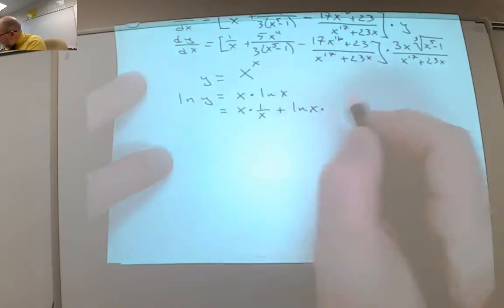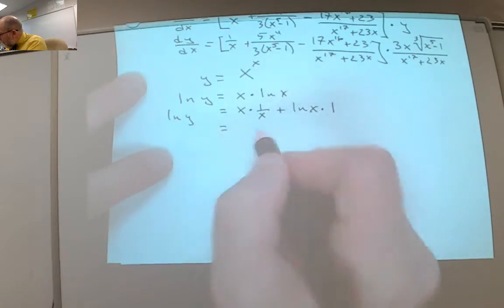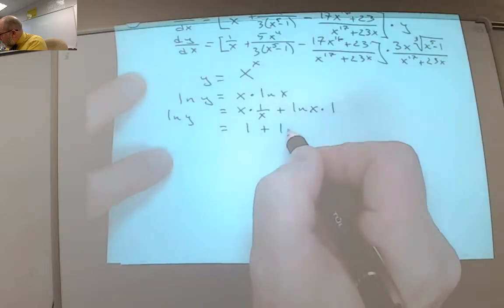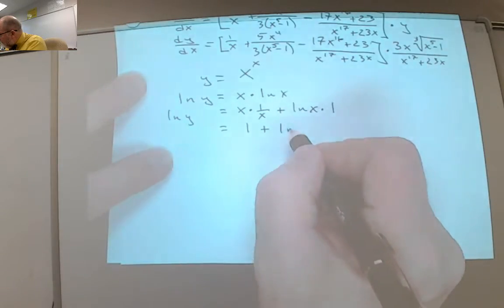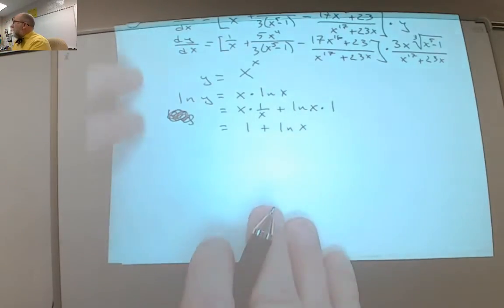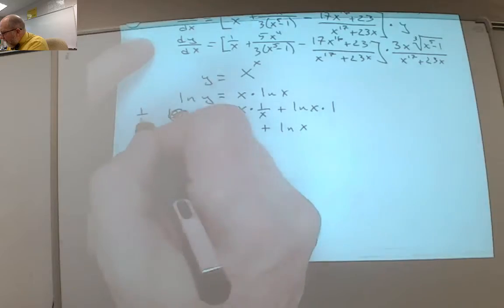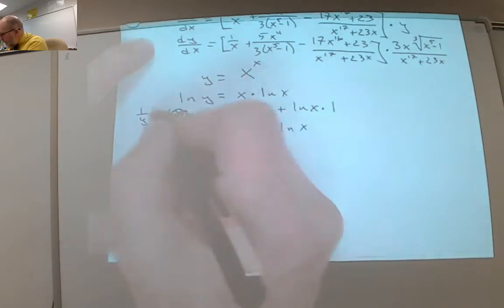What's it? 1. So I get the natural log of y equals 1 plus the natural log, oops, I screwed up here, natural log of x. I didn't take the derivative on this side, did I? Kate, I screwed up. It's going to be 1 over y times dy dx, every single time.